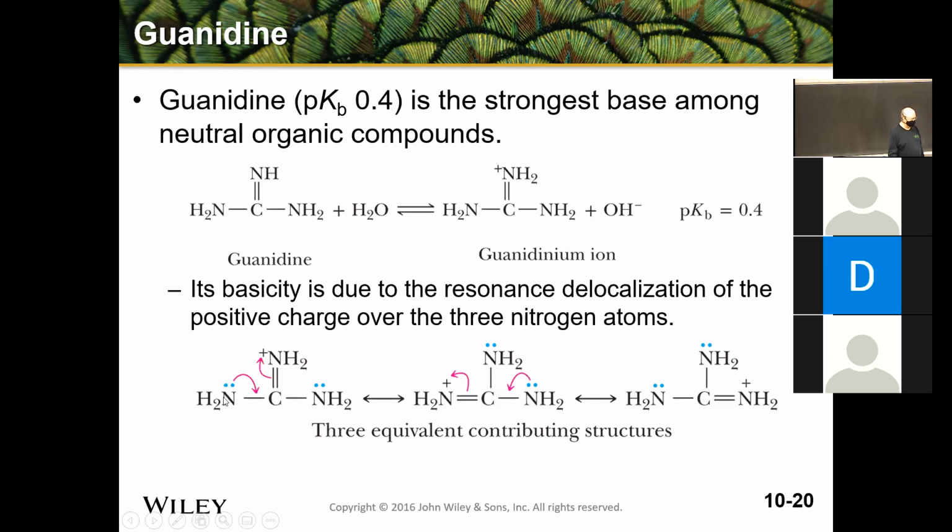We push from a lone pair of electrons, we move electrons toward a positive charge. So this is an equivalent structure. The double bond and the plus charge are just in a different place. Same way with this one. By spreading around that positive charge, the conjugate acid is much more stabilized.